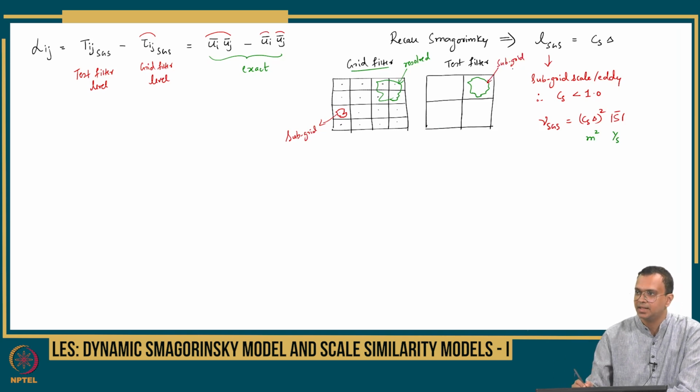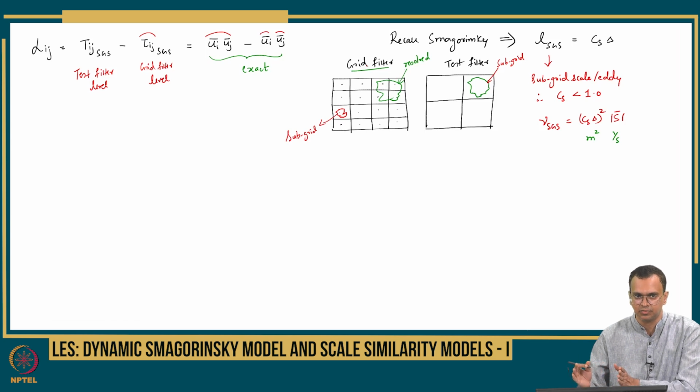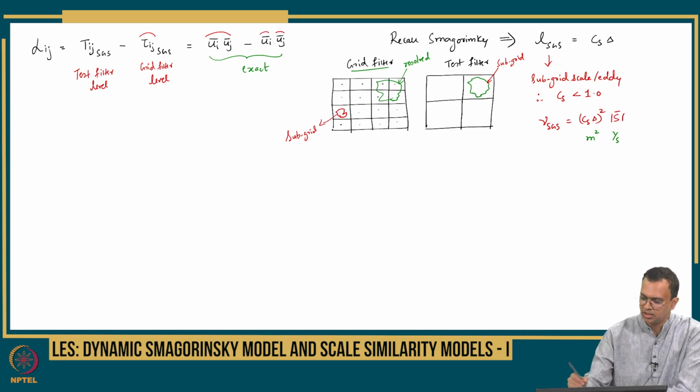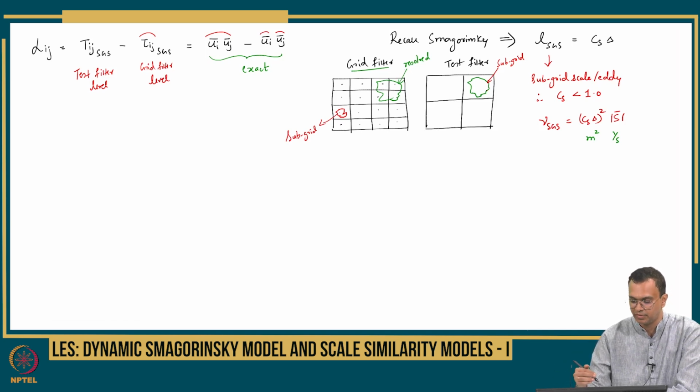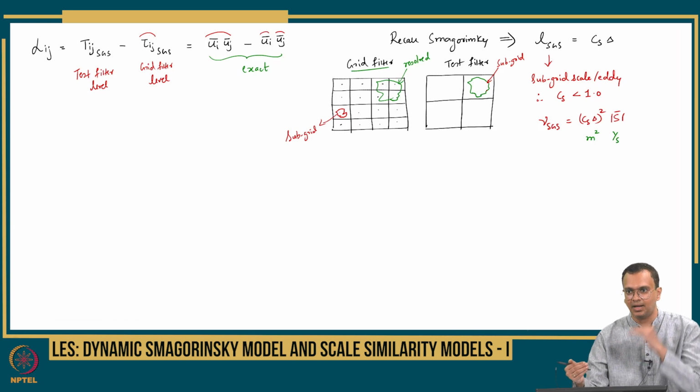but I know the exact data on the grid filter because you are computing your LES on a particular grid filter. I am just taking a test filter which is twice that of grid filter, so that I know what it is. From this I can estimate, suppose I am going to change the mesh or resolve it further, what should be the subgrid contribution by going one level up, right?